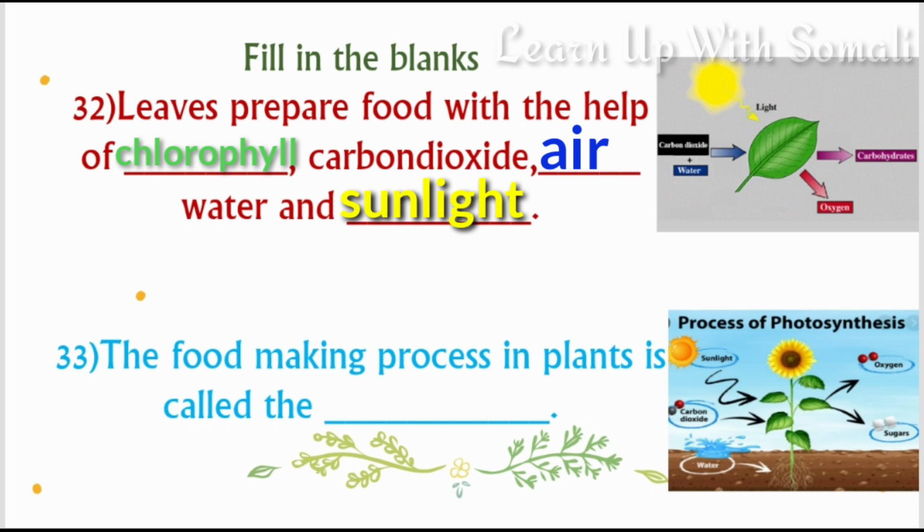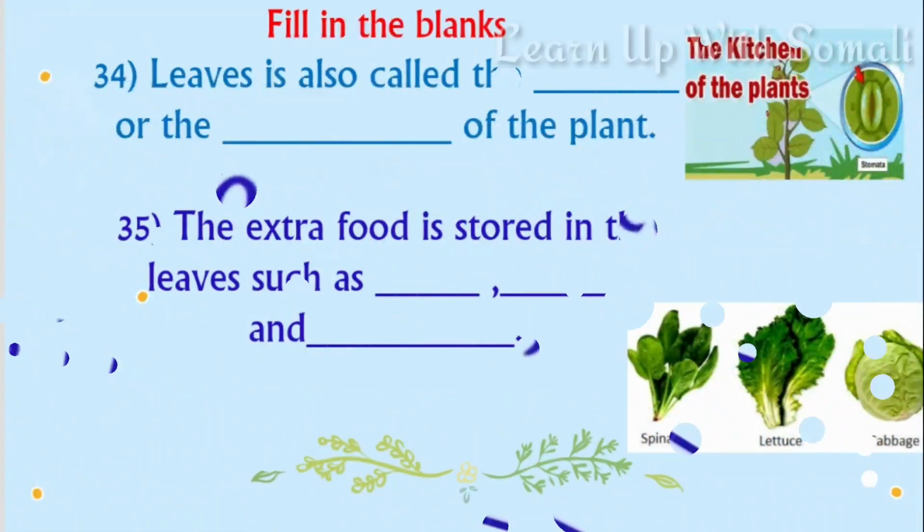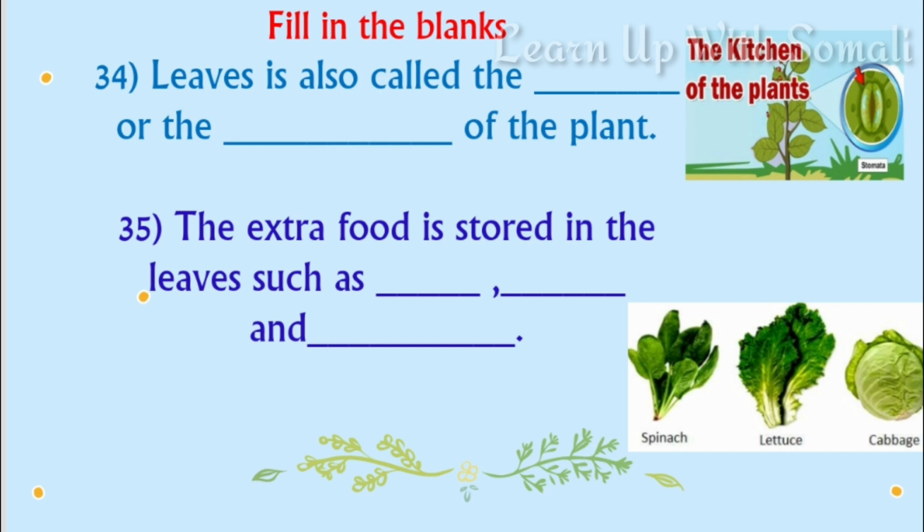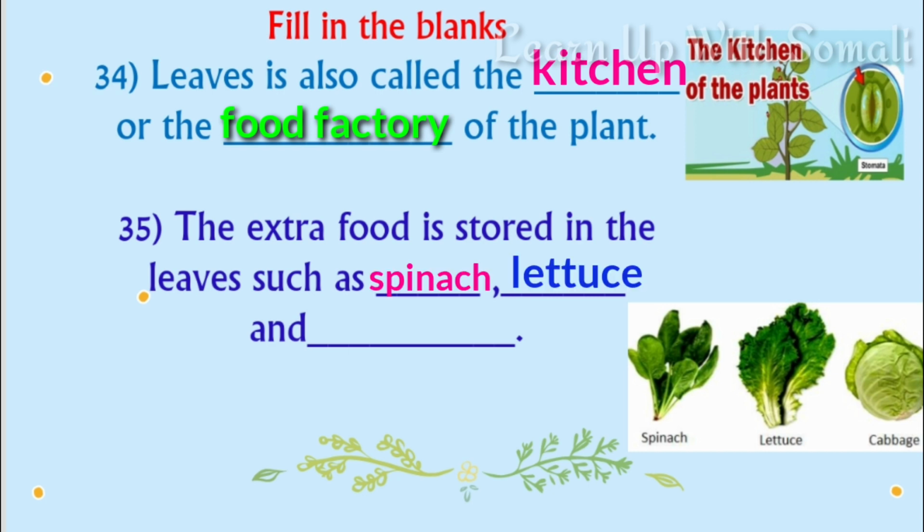Number 33, the food making process in plants is called photosynthesis. Number 34, leaves are also called the kitchen or the food factory of the plant. Number 35, the extra food is stored in the leaves such as spinach, lettuce, and cabbage.